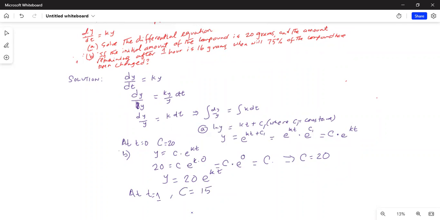So if we plug that information in, we get y, which is equal to 15, is equal to 20 e to the power of k times 1.